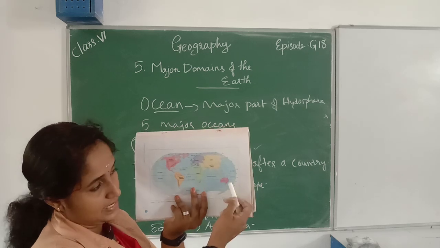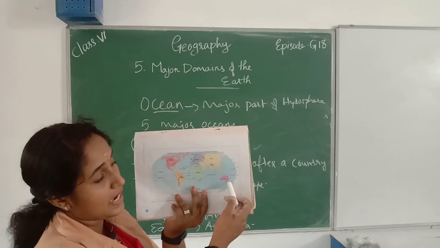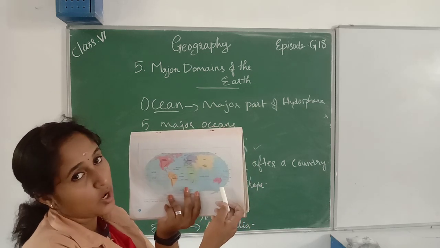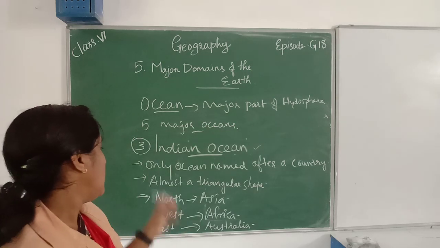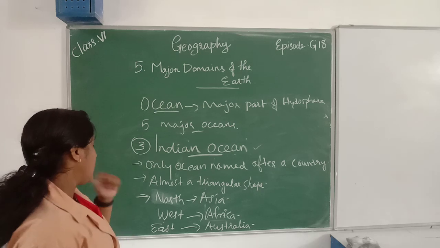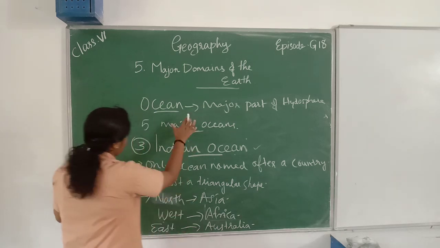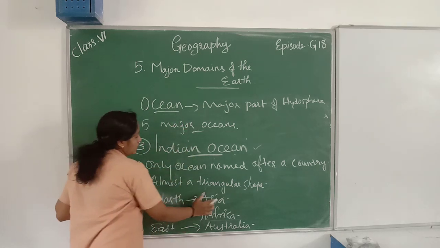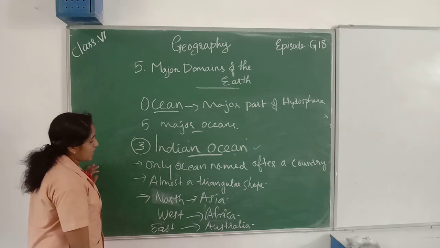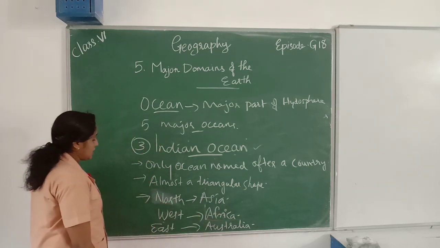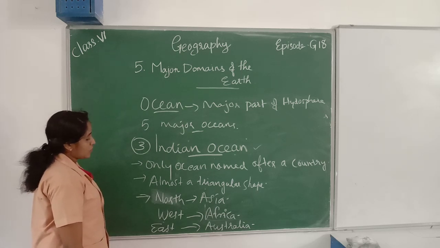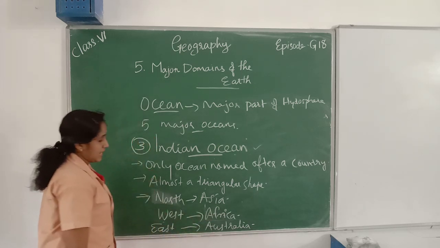And on the east side, we can see the Australian continent. So the north part is bounded with Asia, the west part with Africa, and the east part with Australia.